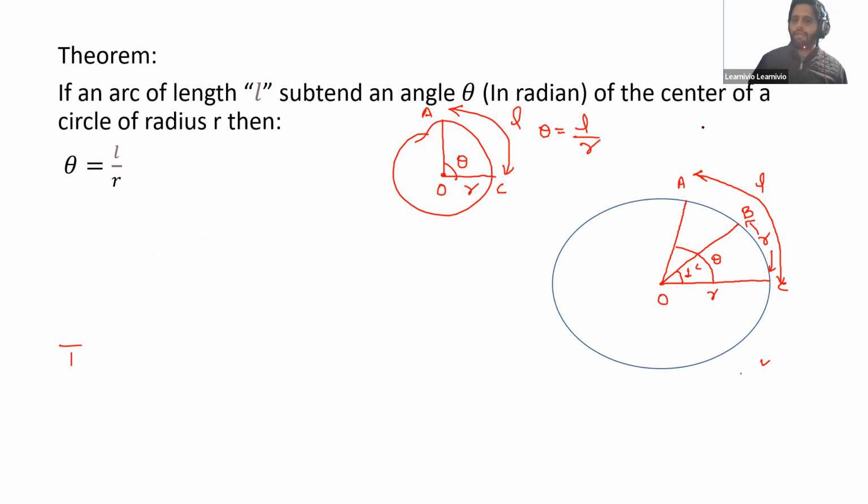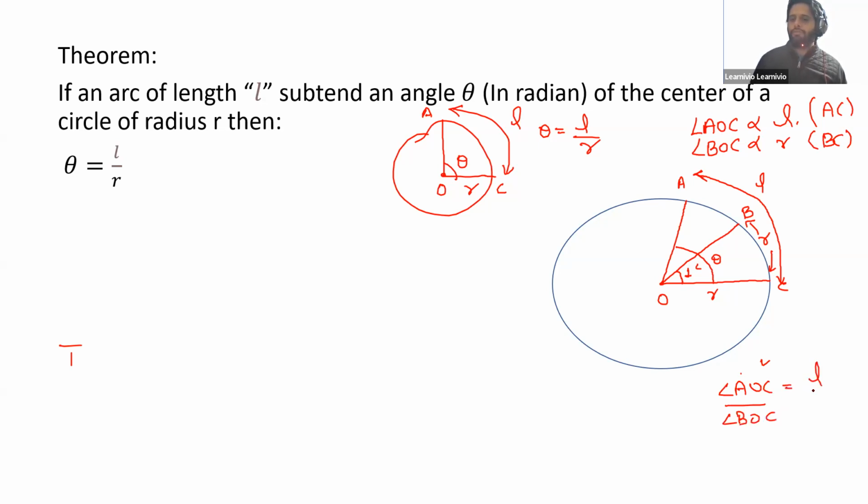Or we can say angle AOC is directly proportional to this L. Similarly, angle BOC is directly proportional to this BC. We will write L for AC, and R for BC. So if we divide these two, then what happens? We will get angle AOC by angle BOC is equal to L by R. Yes, sir, clear.